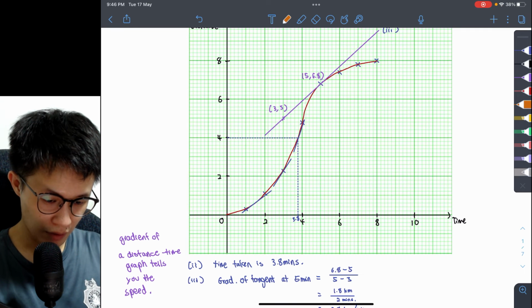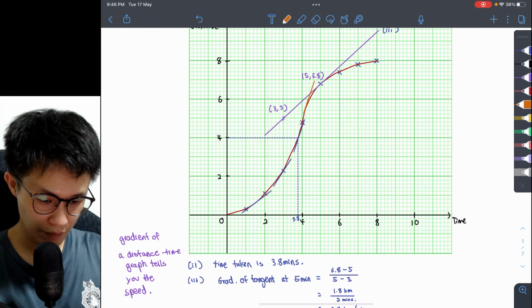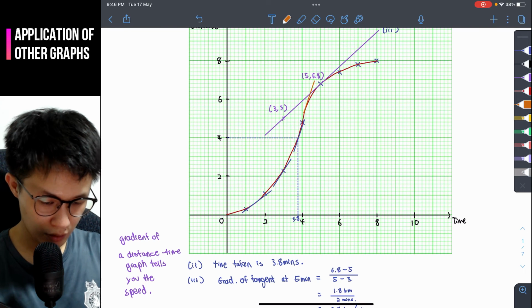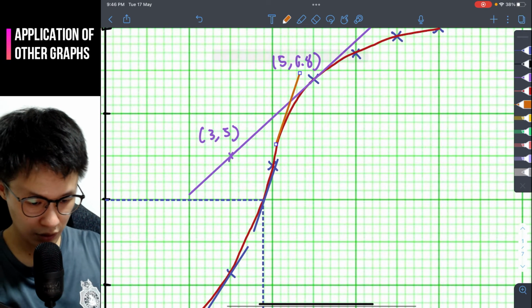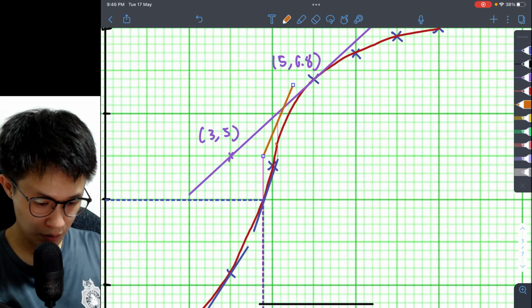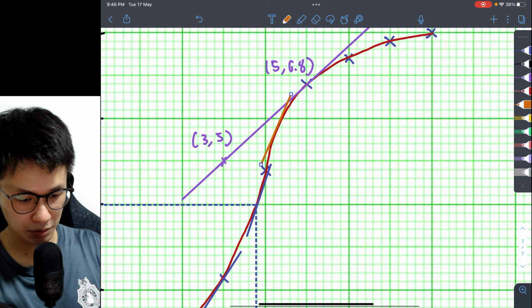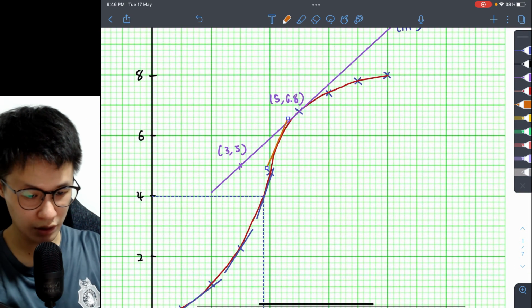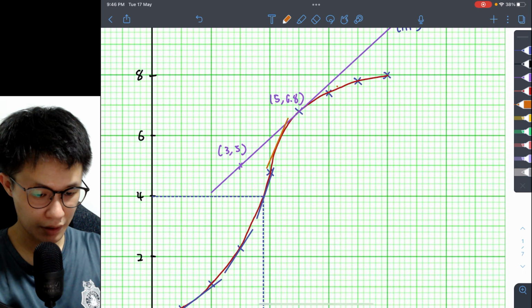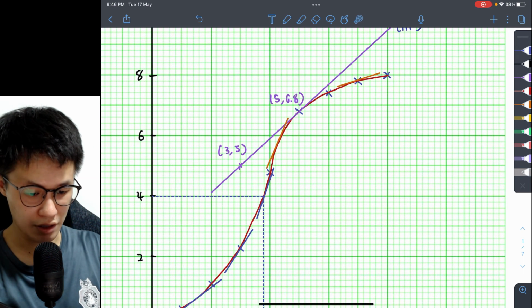Let's consider a gradient here. Can you see that after the 4 minute mark, the gradient gets smaller and less steep? Compare these three gradients here: 1, 2, and 3.